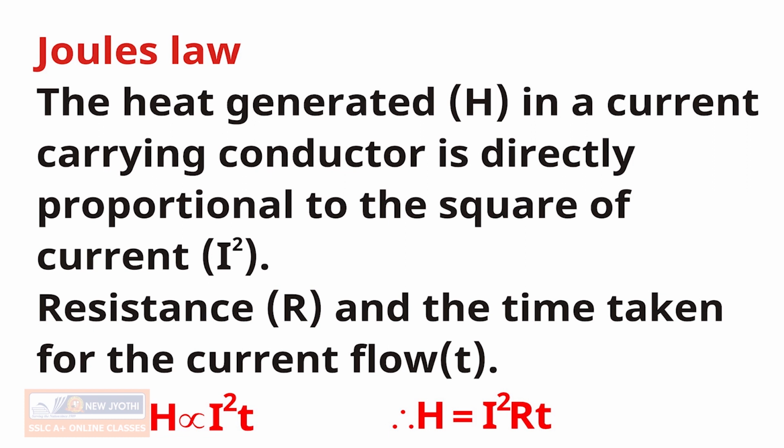The equation shows H is equal to I squared RT. So this is Joule's law. The heat generated in the conductor carrying current is proportional to the square of the current, resistance, and the time of flow, which is H is equal to I squared RT.